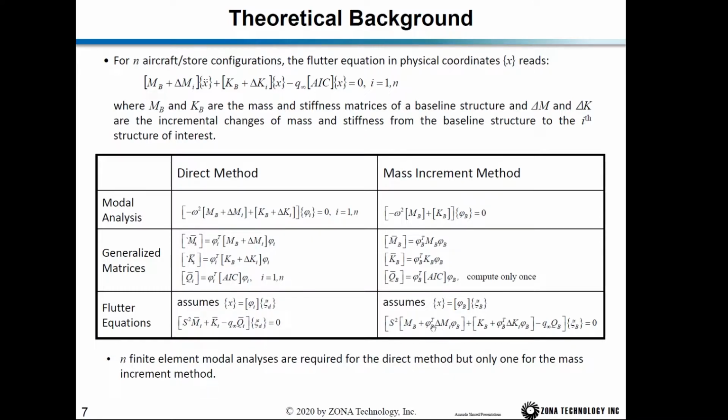We add them into the flutter equation, then we can solve this equation. Comparing the direct method and the mass increment method, we only need to perform the modal analysis once, and then we can add the generalized mass and stiffness due to the stores one by one.